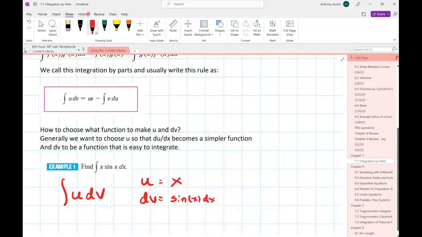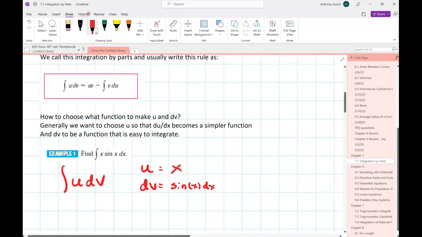And is that easy to integrate? Yes, right? So once I've done that, du/dx is going to be 1, or du is just going to be dx.